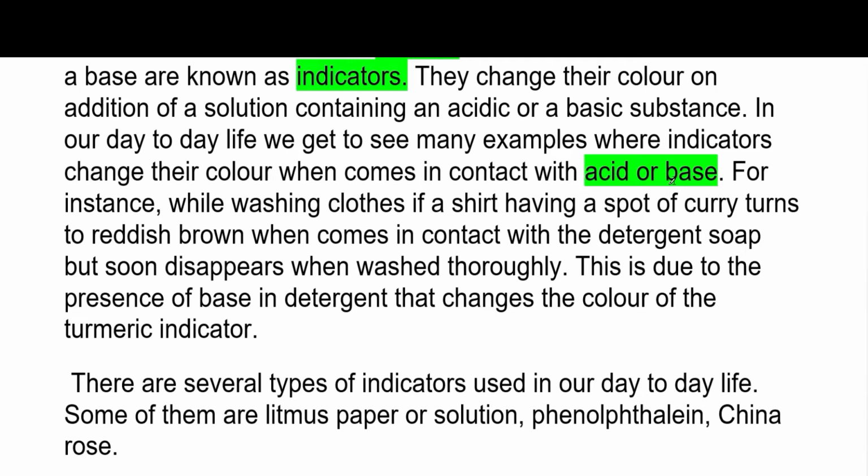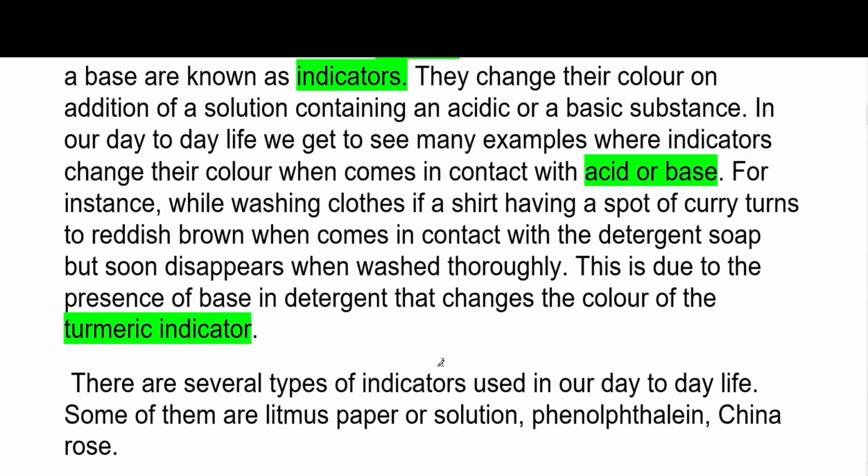This is due to the presence of base in the detergent that changes the color of the turmeric indicator.